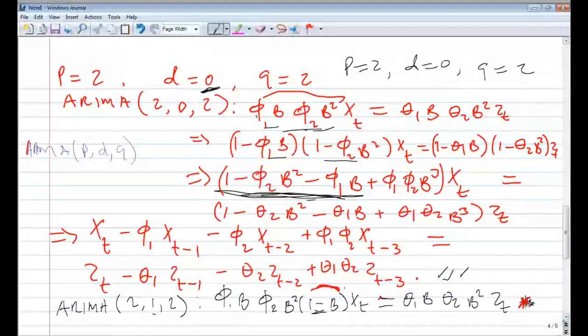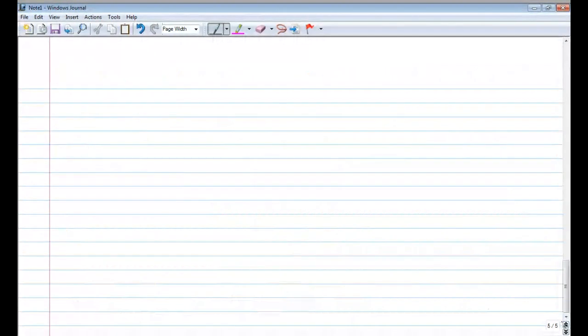Okay, let me just go down. We're saying we've got ARIMA 212. So in other words, P equal to 2, Q equal to 2, and D is 1.